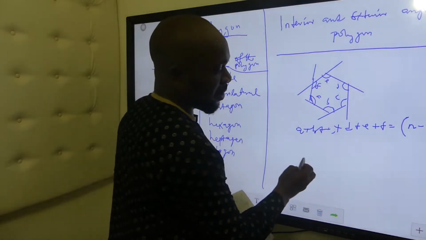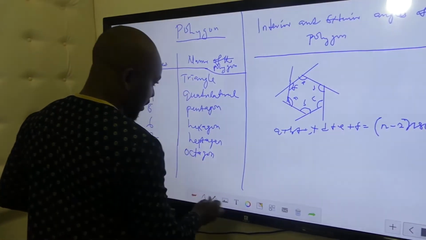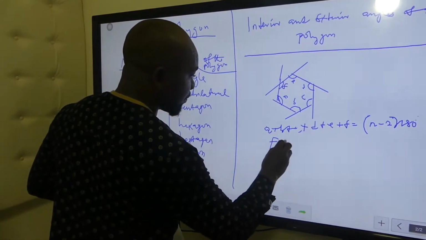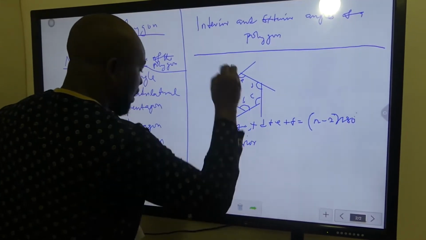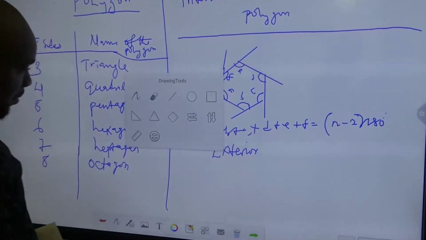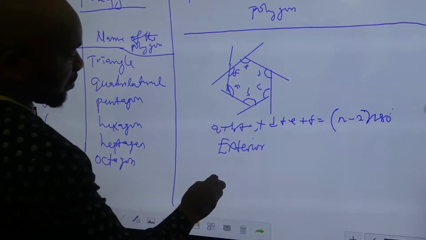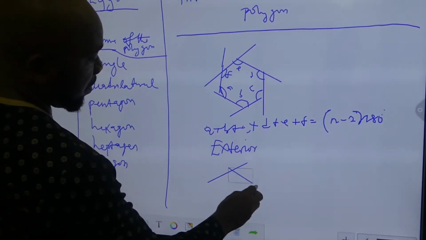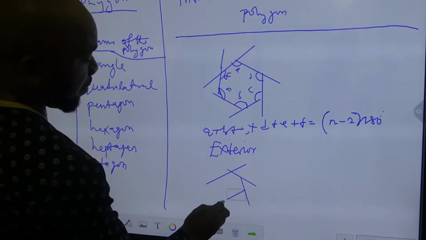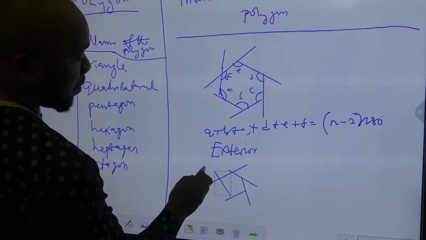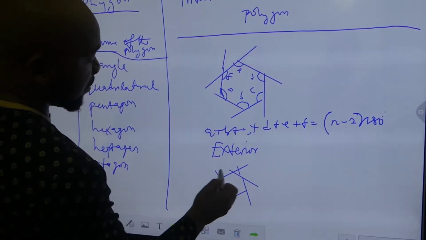If we talk about exterior angles, let us use this shape as an example again.